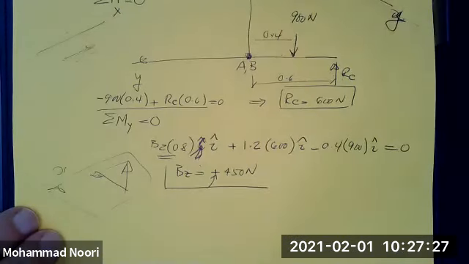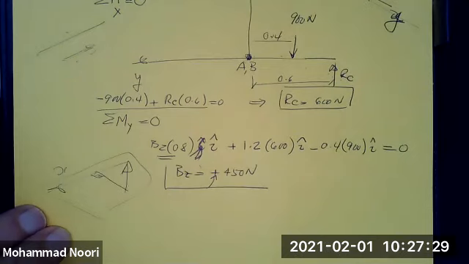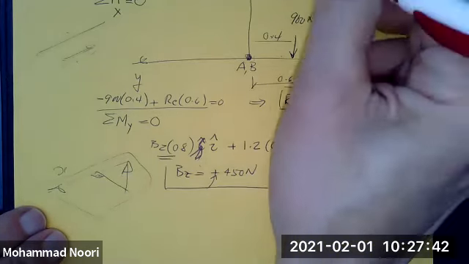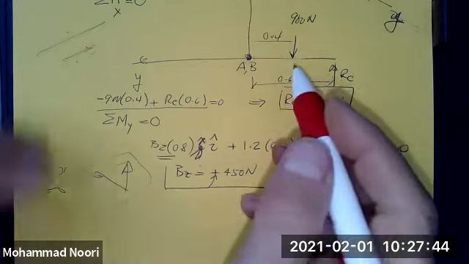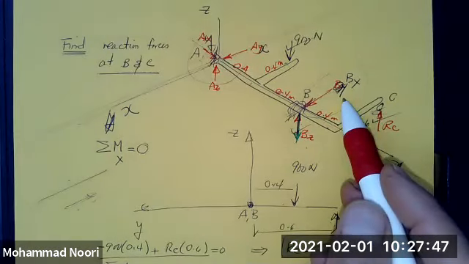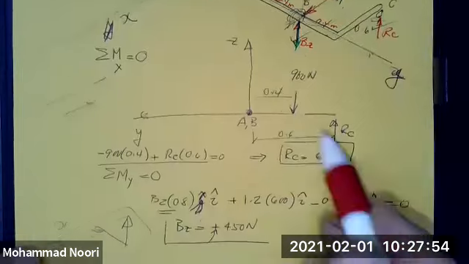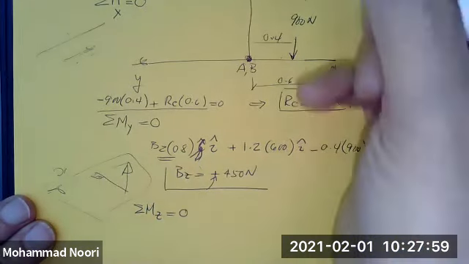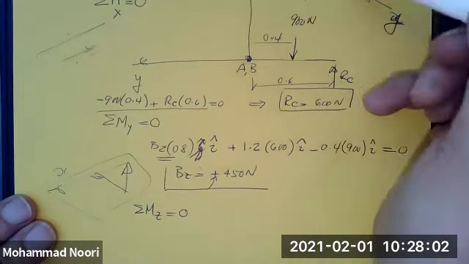All right, so we found BZ, and we found RC. The last unknown that the problem is asking is we need to find BX now. In order to find BX, how about I consider the summation of moments about Z equal to 0? Because I don't want to deal with these.